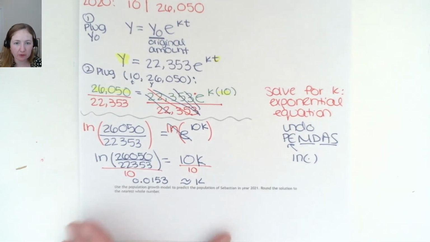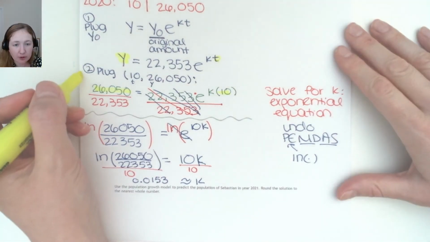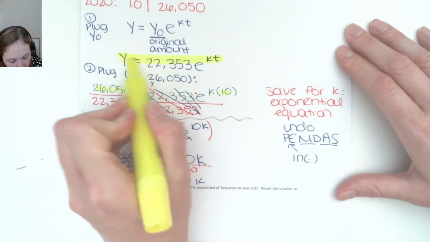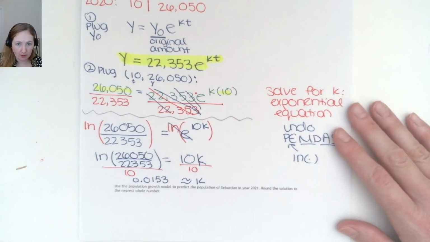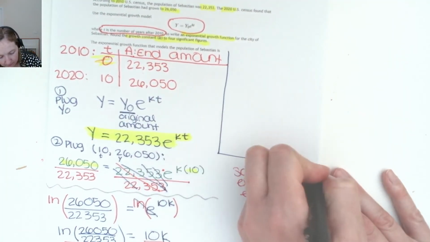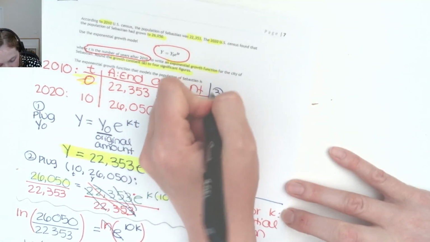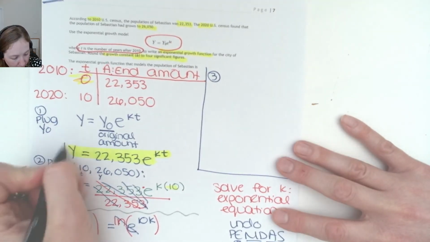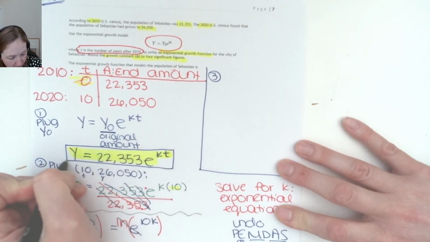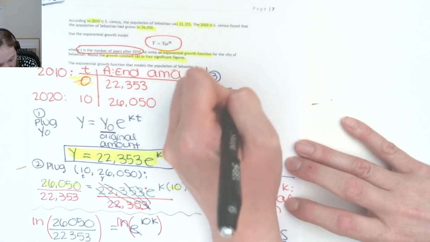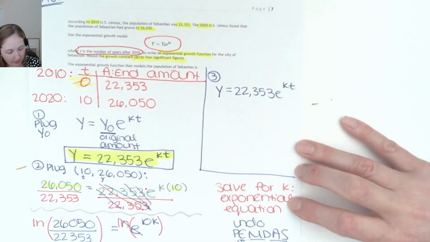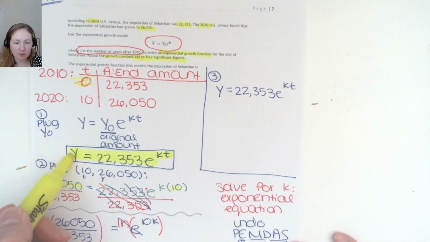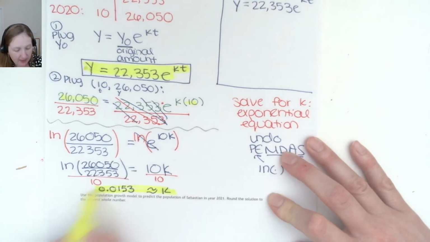Now, the final answer is not the k value. The final answer is your exponential model. Remember, before step 2, before I plugged in, I had this as my exponential model. So step 3, the final step, is I go back to the end of step 1, where I had this exponential model, and I simply combine what I found in step 1 and what I found in step 2.